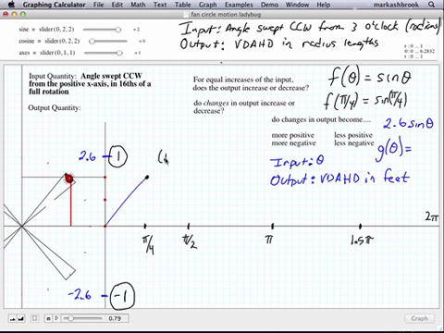So here's this point pi over 4, and what is the sine of pi over 4? 0.707. So we need to make sense of that number. Why does the number 0.707 as the output of f make sense? What does that number mean? 0.707 what? The number of radius lengths above the horizontal.